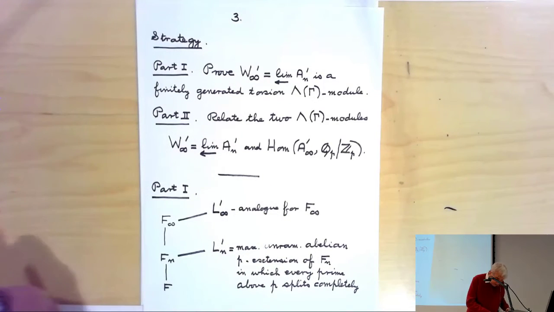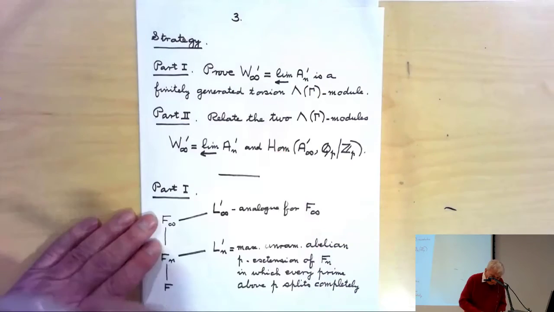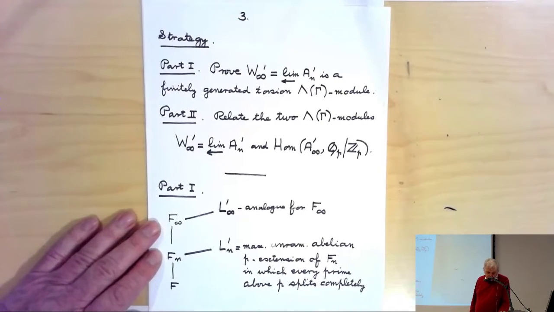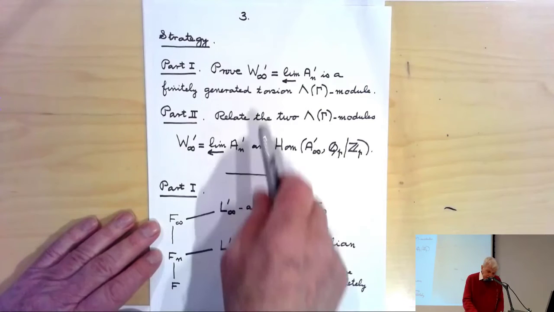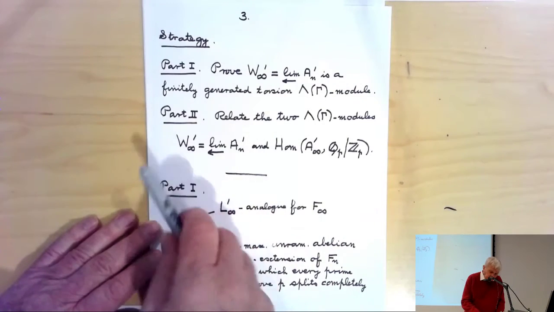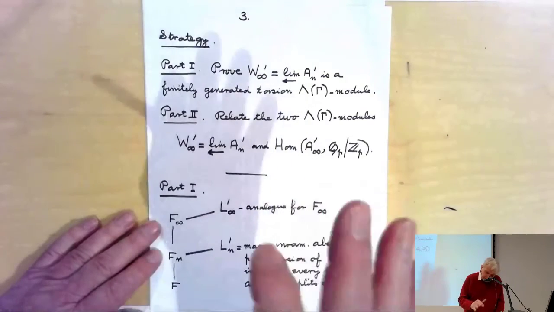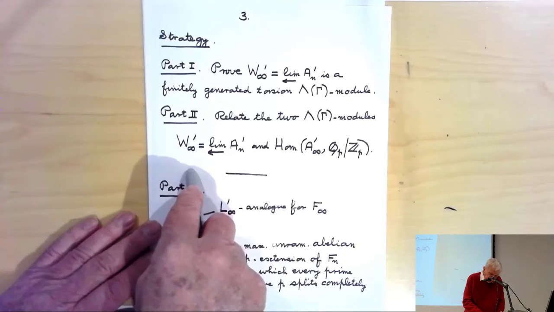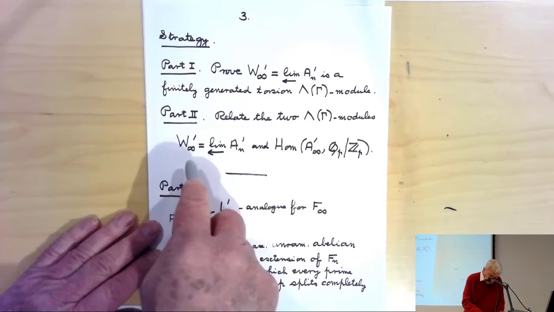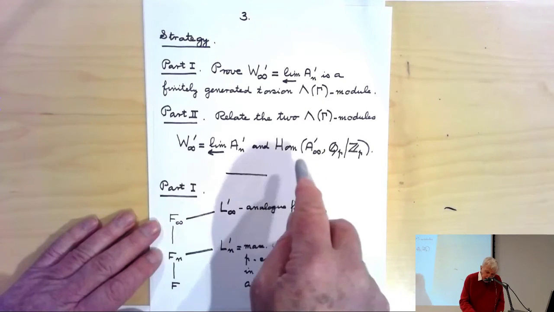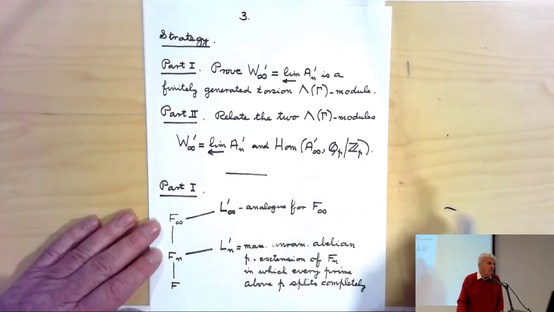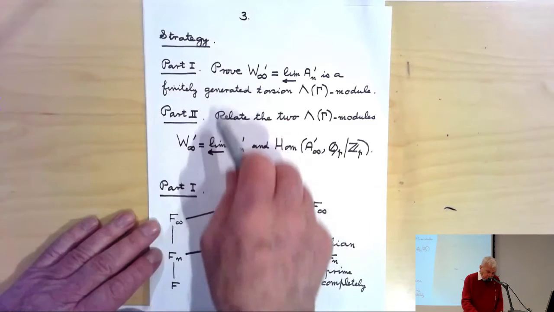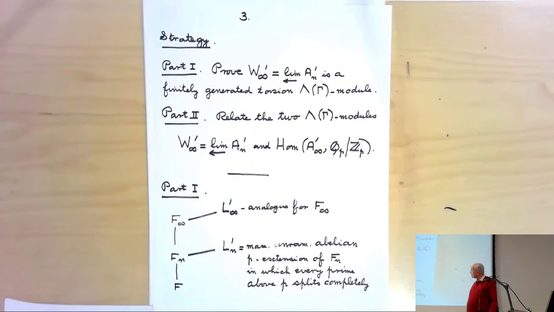Firstly, we're going to show that W infinity prime is a finitely generated torsion Lambda-Gamma module, and the second part, which is quite an elaborate bit of algebra, is that we will show there is a simple relationship between W infinity prime and this Hom of A infinity prime into Q_p mod Z_p, the Z infinity prime. And so there are two separate parts now to the argument that follows.